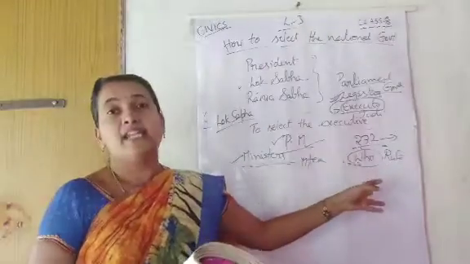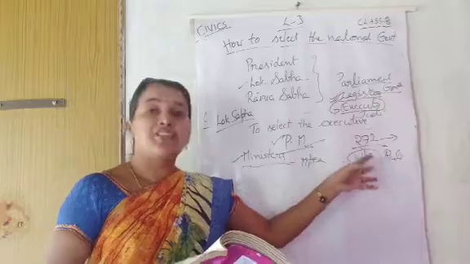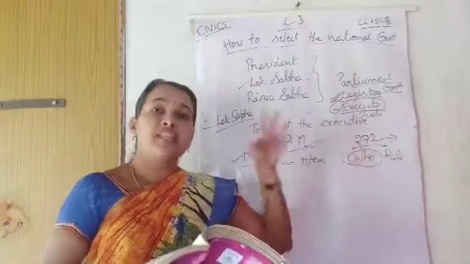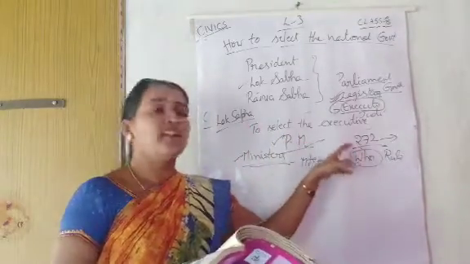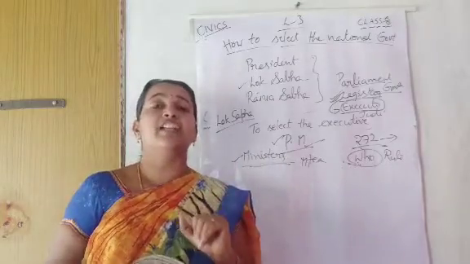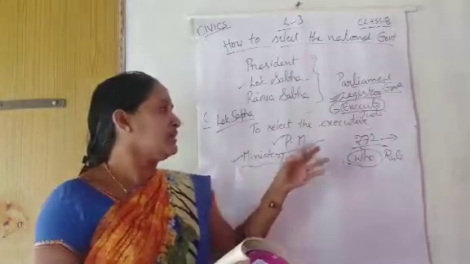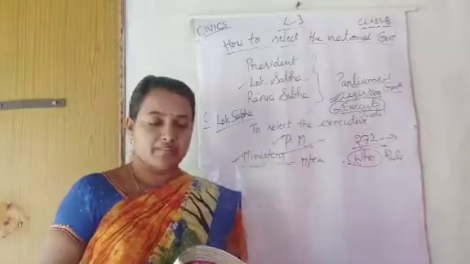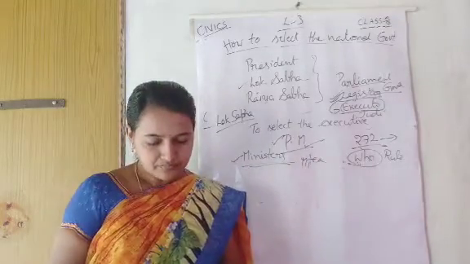But in the recent elections, last year's elections, BJP with a single party only made the government. So that is the difference between a normal ruling government and a coalition government. I hope you understood, children.